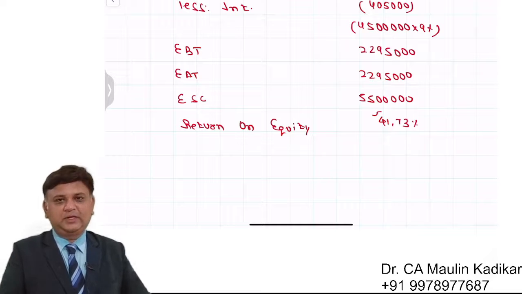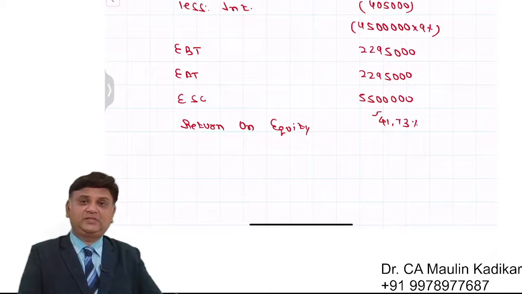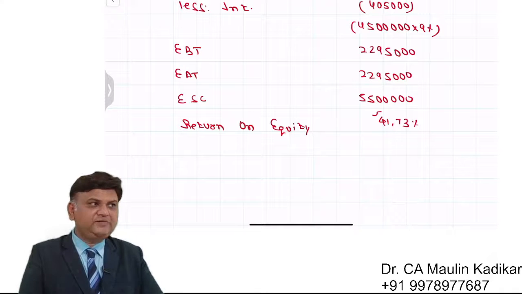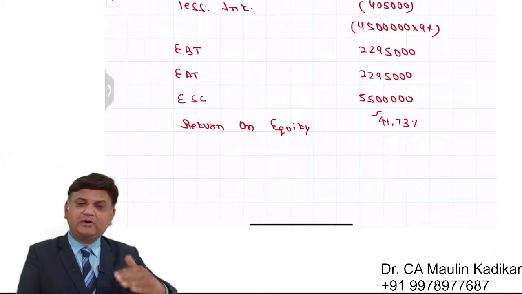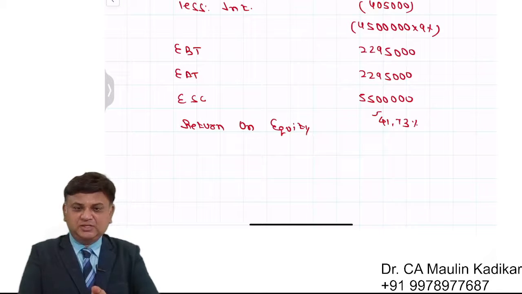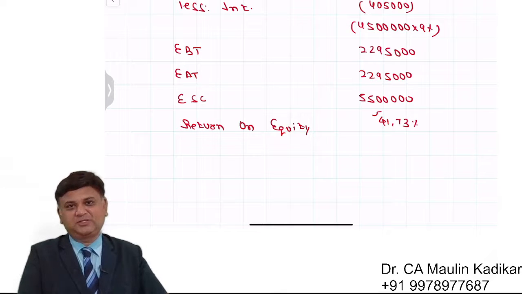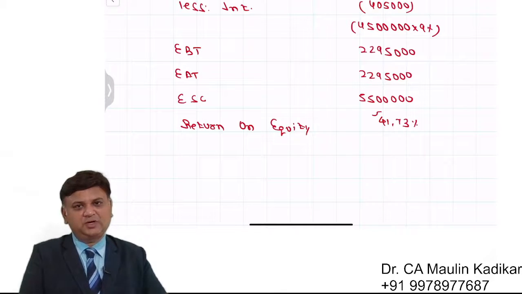So equity shareholders have favorable financial leverage. The introduction of outsiders' financing gives an advantage to the equity shareholders. That is what we can conclude.